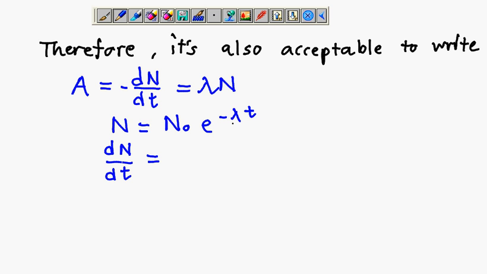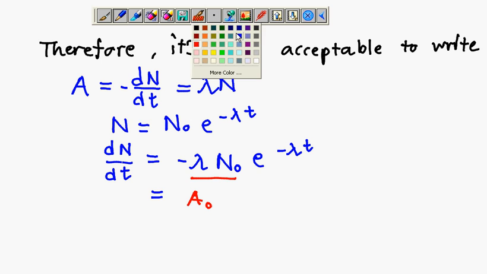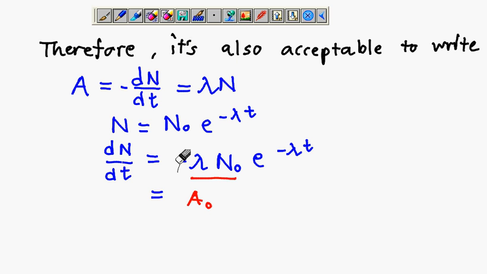You bring negative lambda to the front, and this expression, if you look carefully, is actually the original activity. If you put the negative sign to the other side, you get A equals A naught e to the negative lambda t.